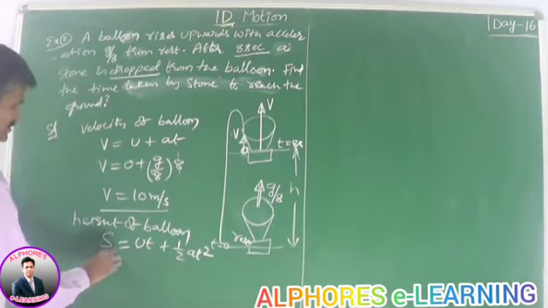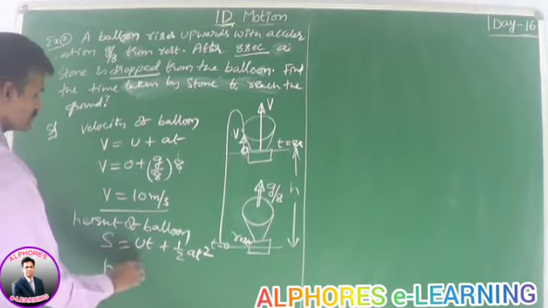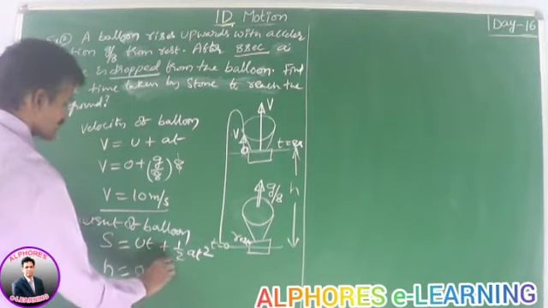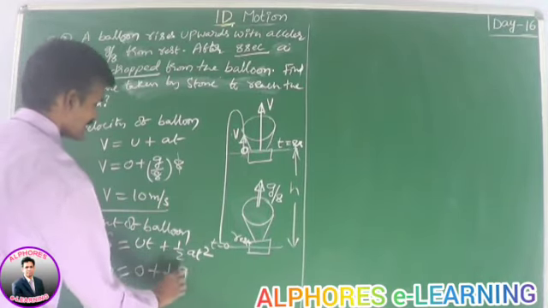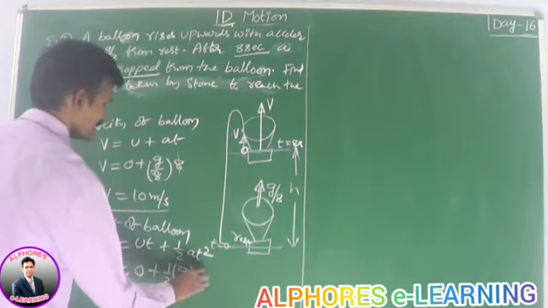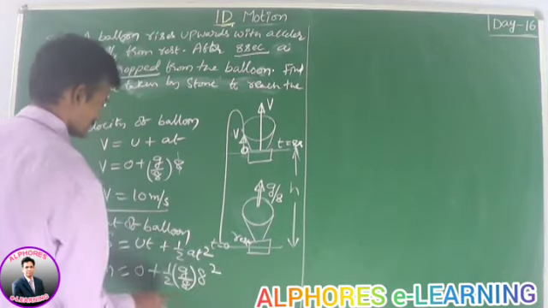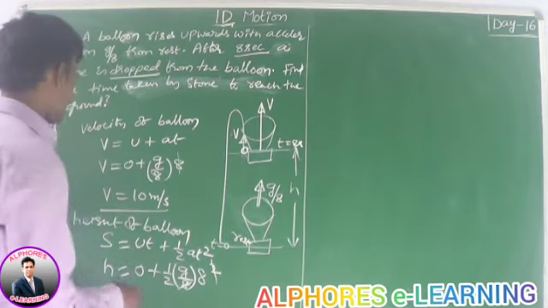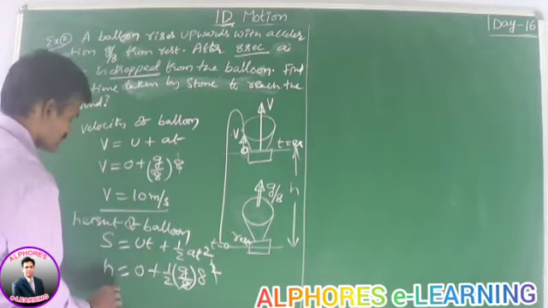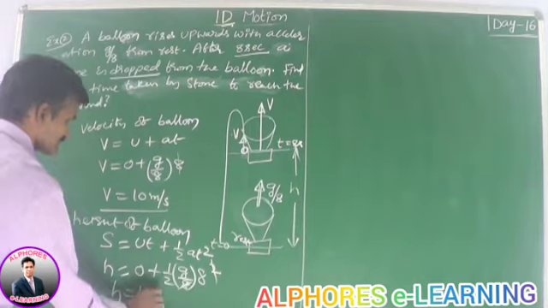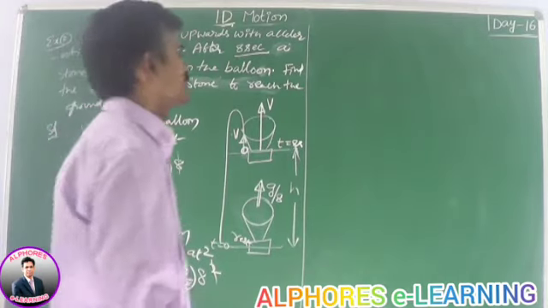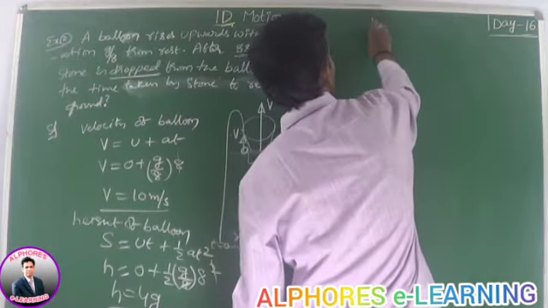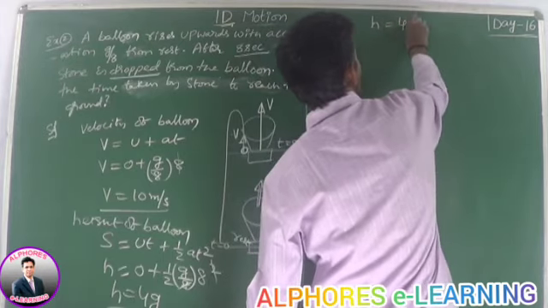This s is our h. H is equal to u into 0 plus half g by 8 into time 8 square. One 8 gets cancelled, so 2 gets cancelled, 2 ones, 2 fours. This h is 4g. So the height of the balloon at which the stone is dropped is 4g.